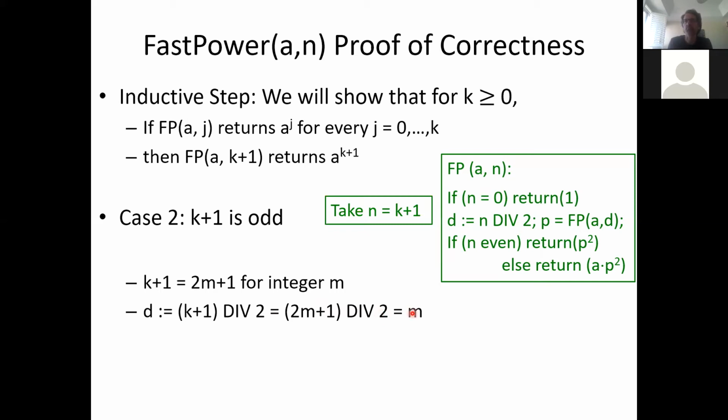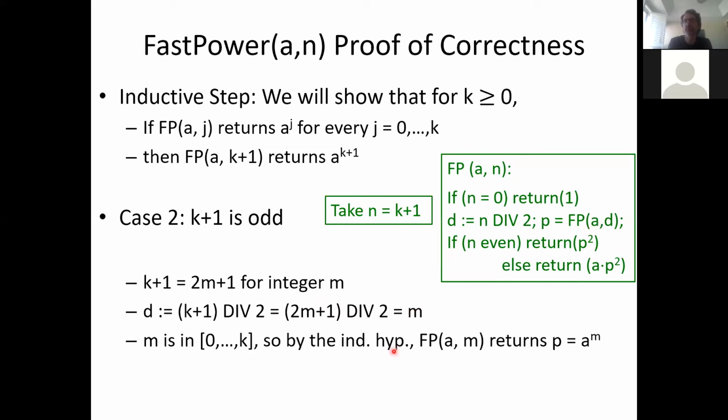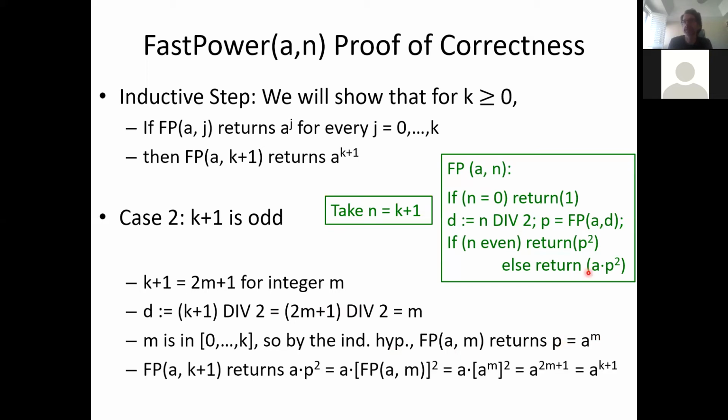So it's m. So p is a to the m by inductive hypothesis. P is going to be computed correctly, a to the m. And let's see that this is the correct way. Given a to the m, this is how you're going to compute a to the k plus 1. Why?